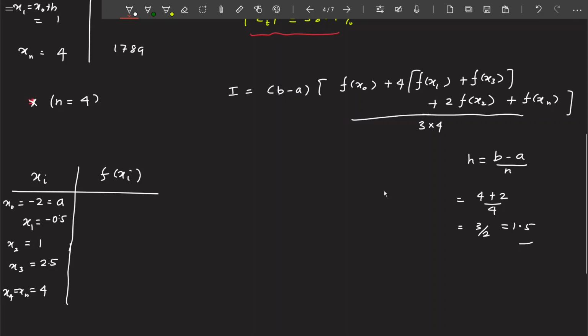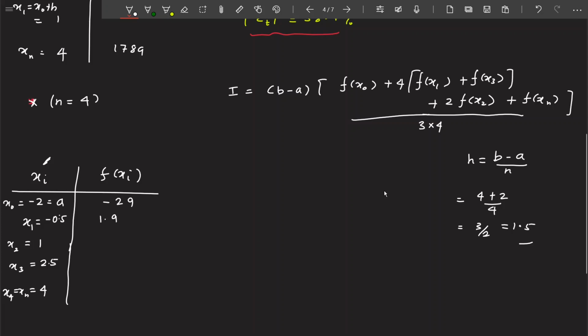That is the step size. Okay, so now we have discussed how to do this many times. So I hope now you are clear. So from next time onwards, I'm not going to repeat how to find out these values of x0, x1, x2, and x3. Okay, and again, when you substitute this, you get the value of f(x).